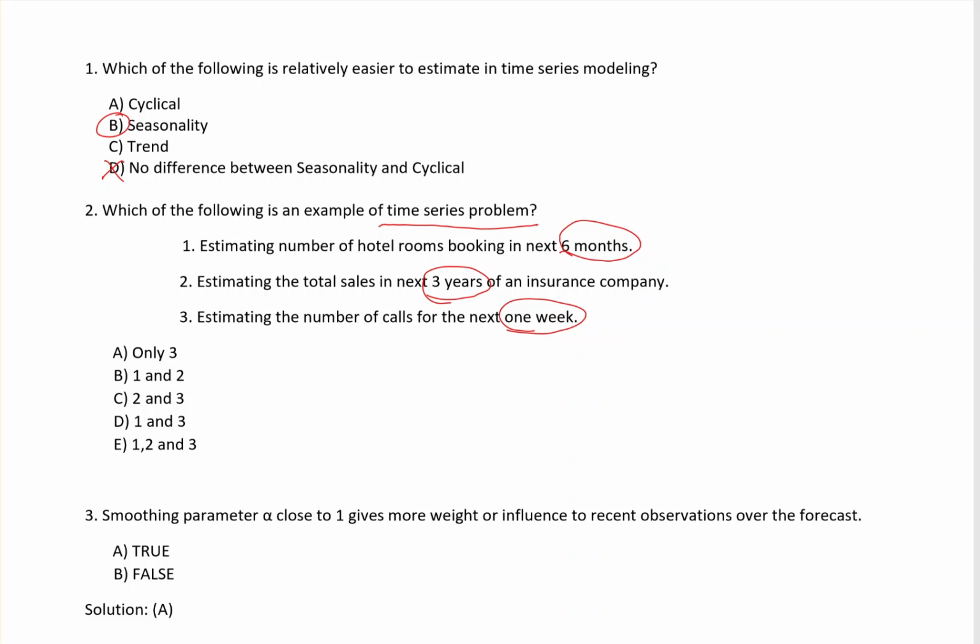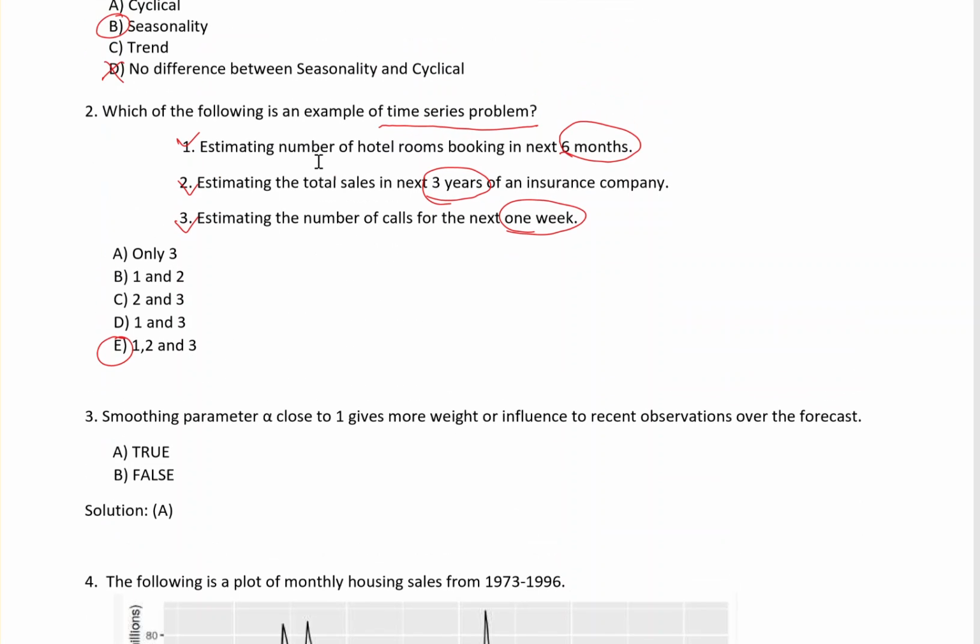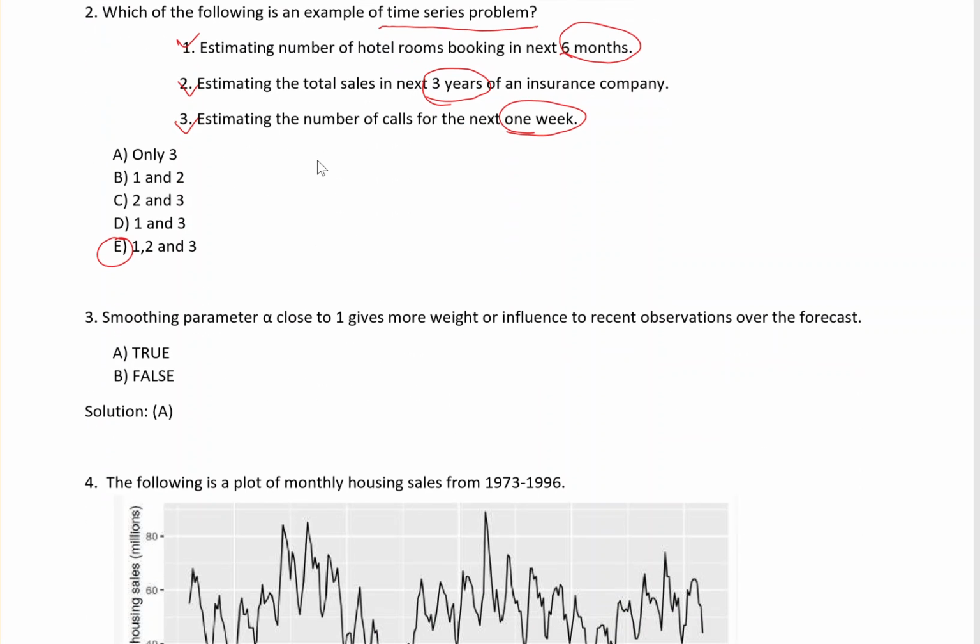So which one is an example of the time series problem? 1, 2, and 3, so it will be all 3 of them. As I said in the chapter video, the time can be yearly, monthly, daily, every minute, every second, every 2 minutes, every 3 years, every 5 seconds, something like that. As long as it is over time, then it is a time series.